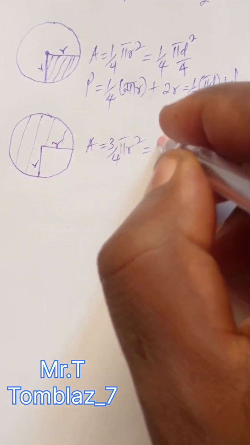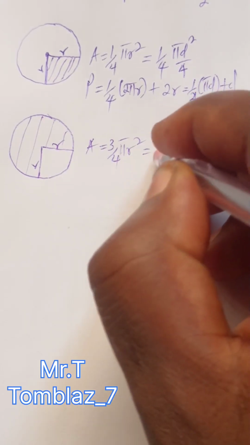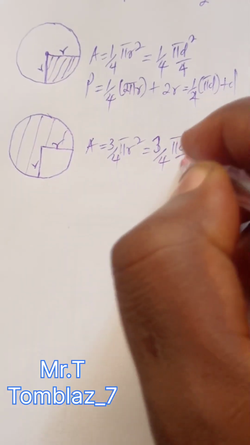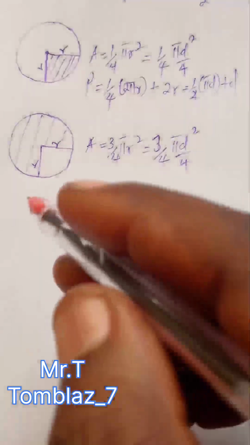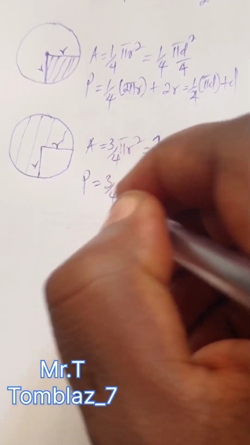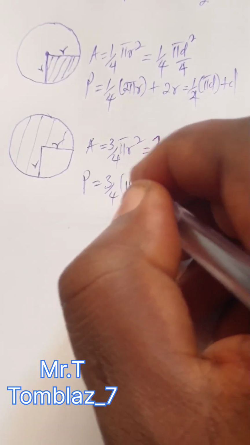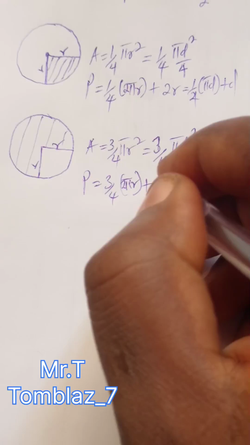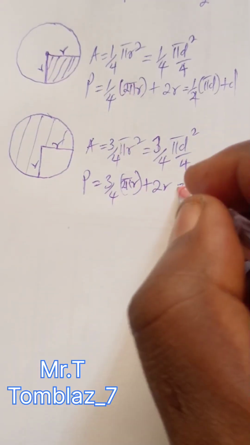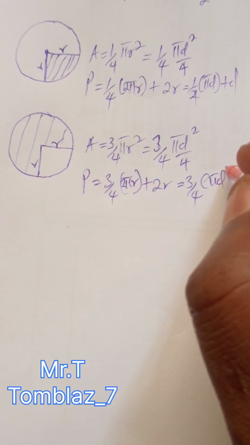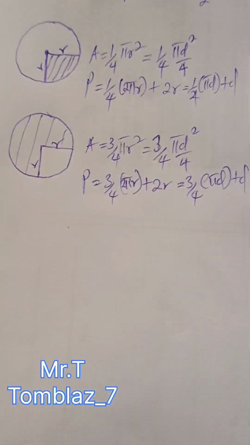If you are using diameter, it will be 3/4 pi d squared over 4. Then if you want to look for the perimeter, it will be 3/4 of 2 pi r plus 2r, or 3/4 pi d plus d.